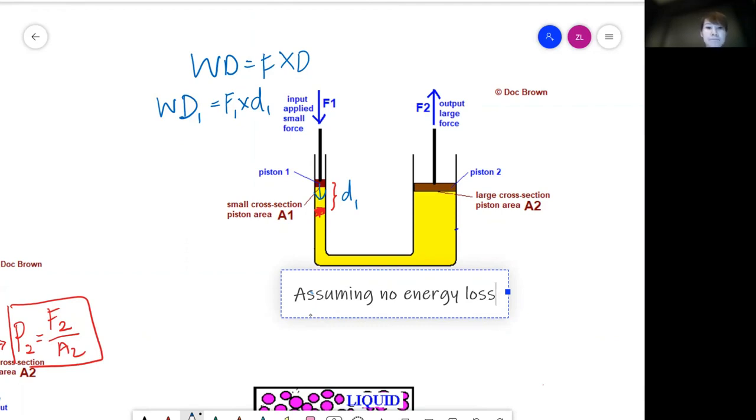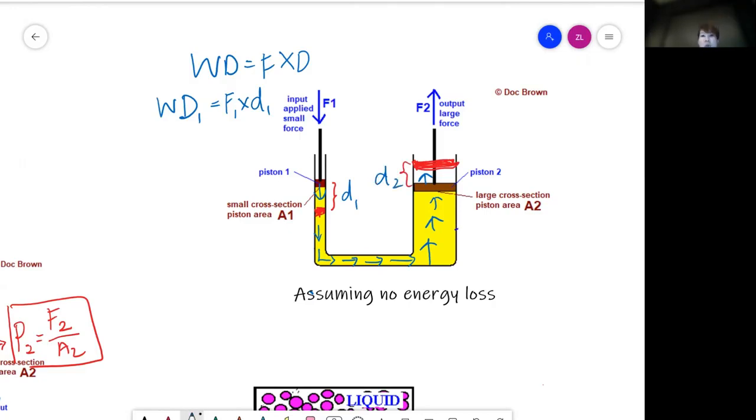Remember, as we mentioned earlier, when force 1 is applied over an area, the pressure produced will cause the liquid molecules to exert a pressure on the neighboring molecules, and the molecules will continue to push towards one another until it reaches piston 2. This causes piston 2 to move upwards. I'm drawing the new position of piston 2. Naturally, it will move upwards and cover a distance, let's call it D2.